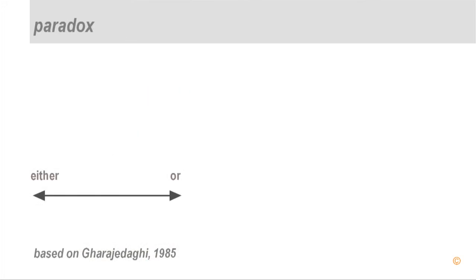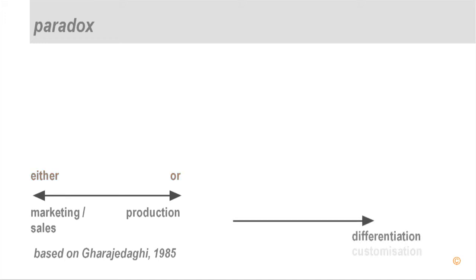However, if we have either-ors that are mutually exclusive, that are qualitatively different items, like for example the marketing and sales position versus the production position, we cannot find compromise between the two because it's qualitatively different, and we would have to resolve it in such a way that we are looking at differentiation, that would be customization on the one side, and integration or standardization on the other side.